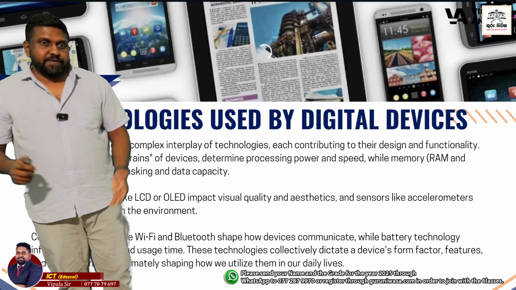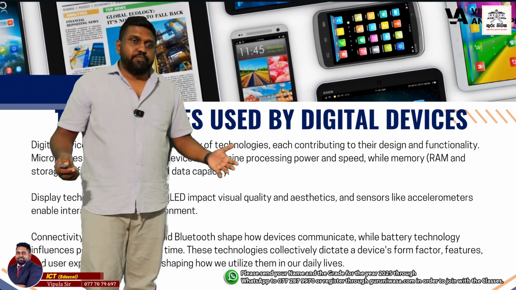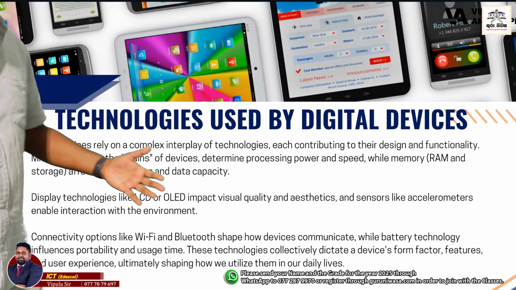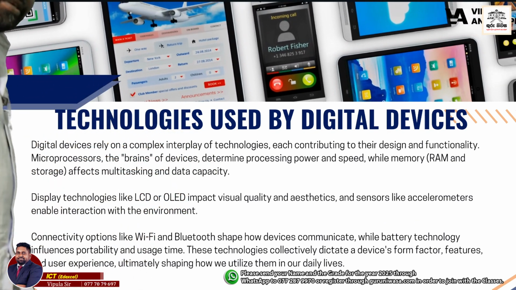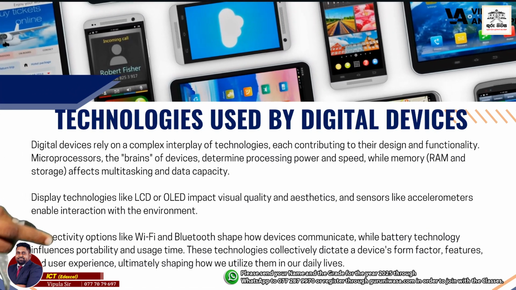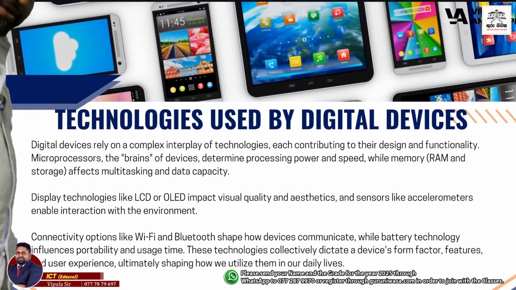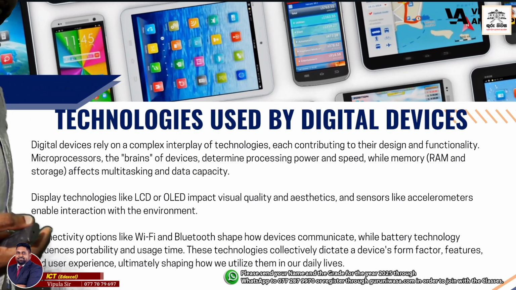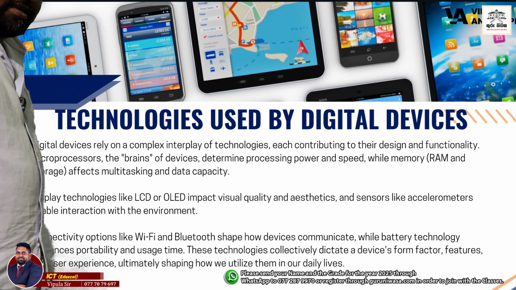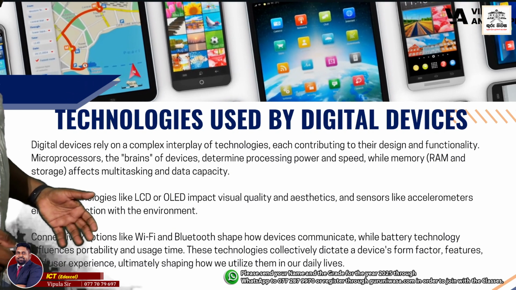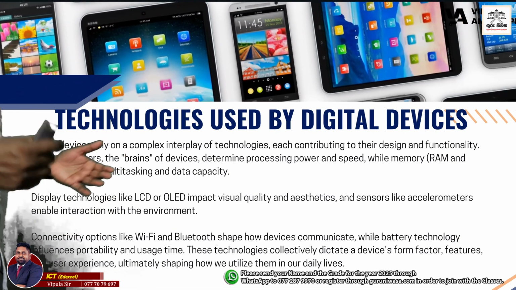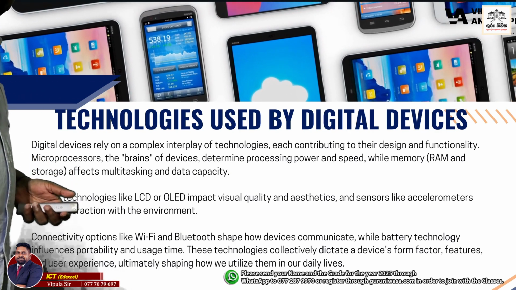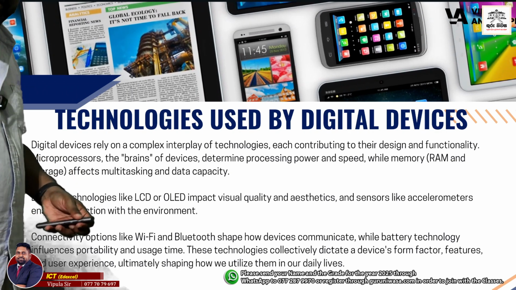Okay, perfect. Technologies used by digital devices. Digital devices all rely on complex systems. They are all connected together, with multiple different complex systems mixed and matched, and they all work in a seamless flow.